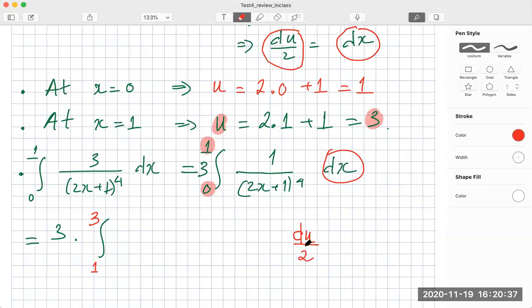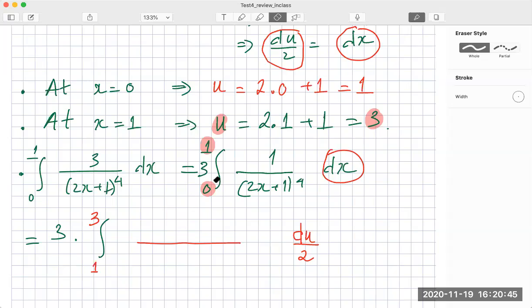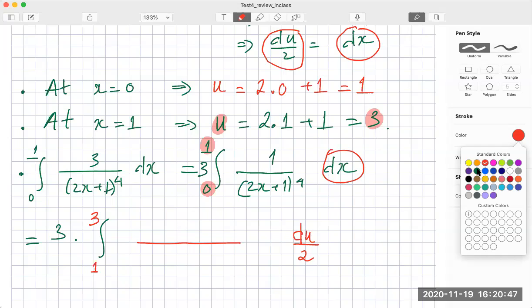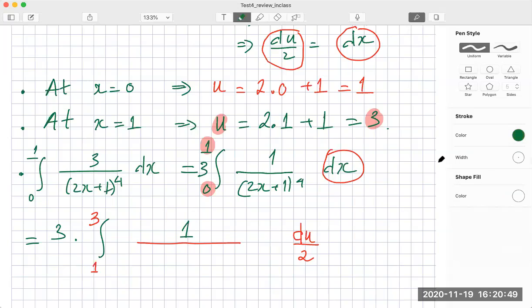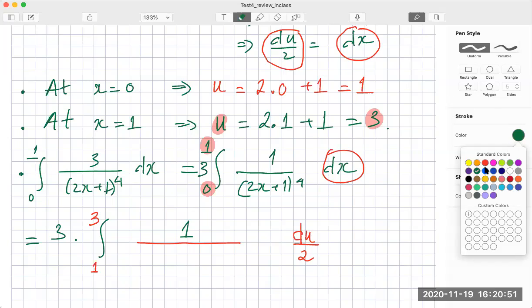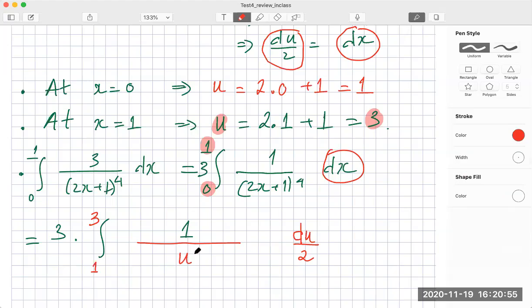Yes, du divided by 2. Very good. The number 1 is rewritten here, right? And what is the denominator? It would just be the 4, correct? Yes, u to the 4. Very good.